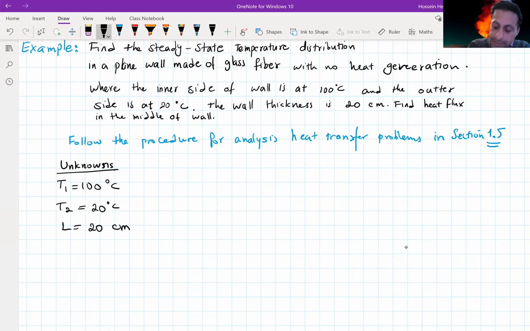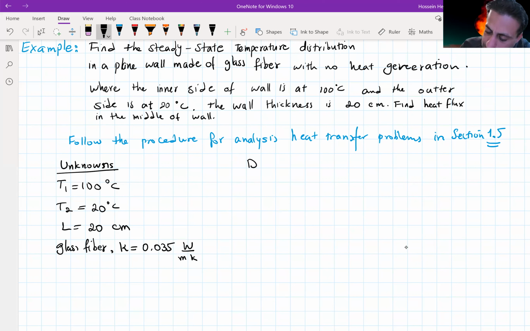We know that the wall is made of fiberglass, glass fiber. Now we can read K from the tables at the end of your book. There are a few tables at the end of the book that list the thermophysical properties of a lot of materials at different conditions. If you read K from that, it's going to be about 0.035 watts per meter Kelvin. So these are the knowns.